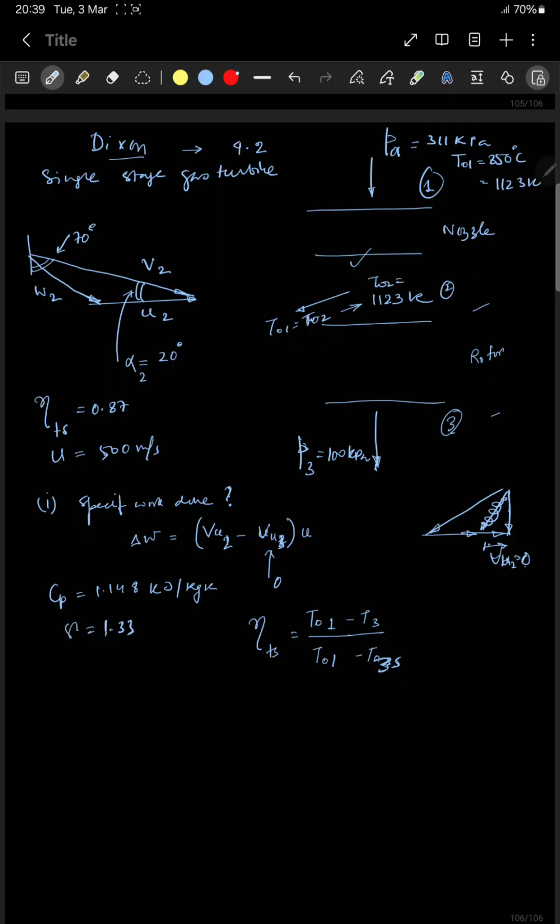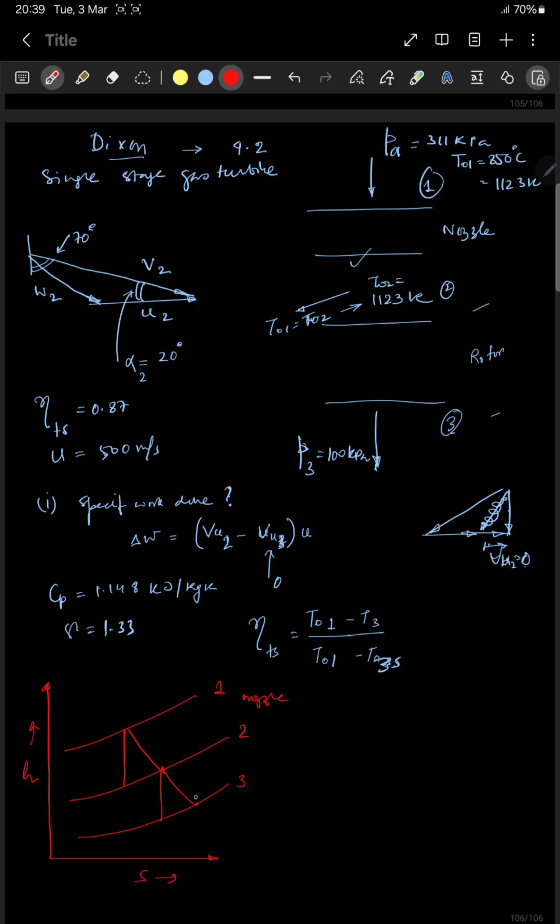So let me draw the HS diagram. Enthalpy entropy diagram. So this is 1, 2, 3. This is nozzle. This is how it looks.